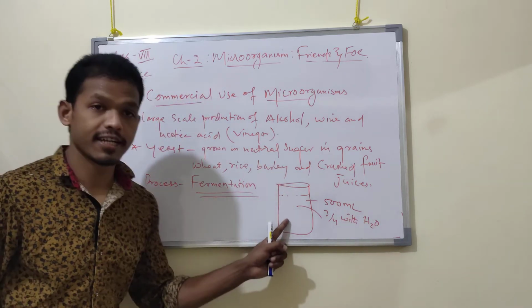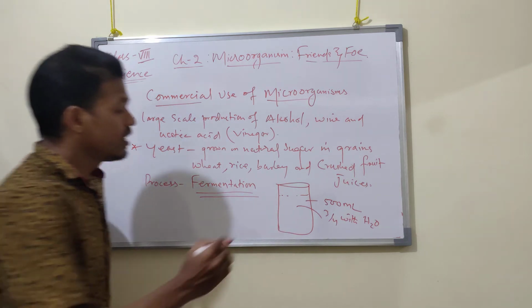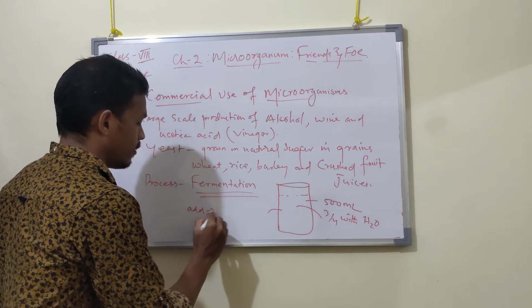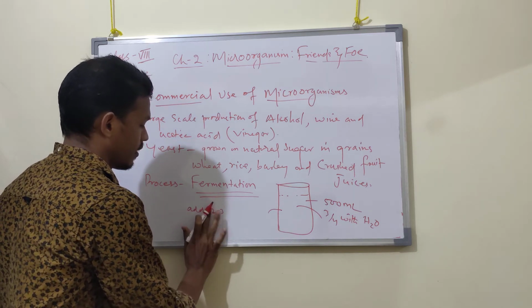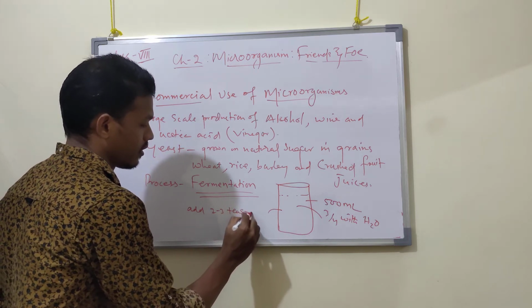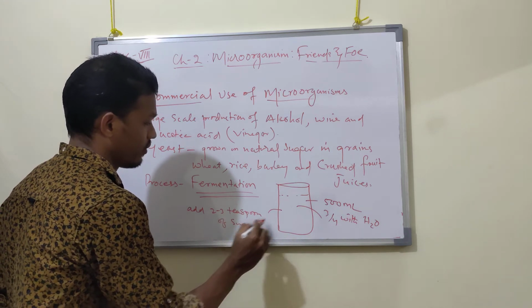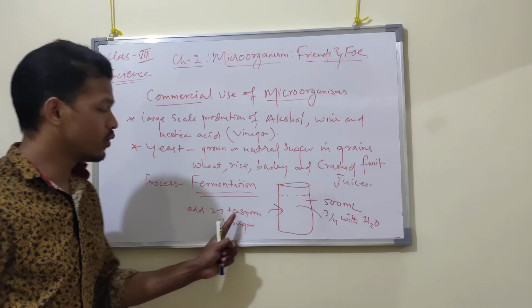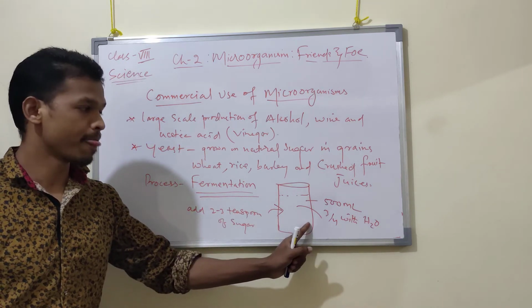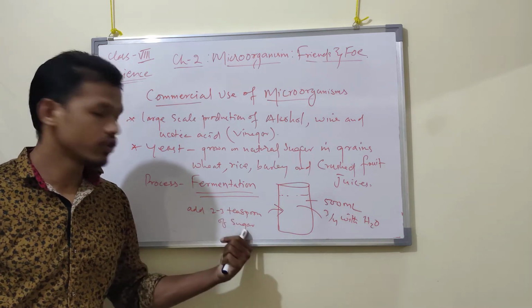After filling with water, you add 2 to 3 teaspoon of sugar in this beaker. So it is 3/4 water and 2 to 3 teaspoon of sugar.